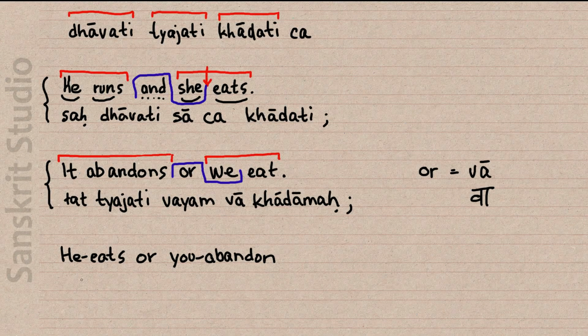And here the difference is, just as in the case of cha that we talked about before, that we only have one word here each. It's not a phrase. Well, it is a phrase, but it's just a one-word phrase, and that makes it much easier. So then we would just have khādati, tyajasi, vā.